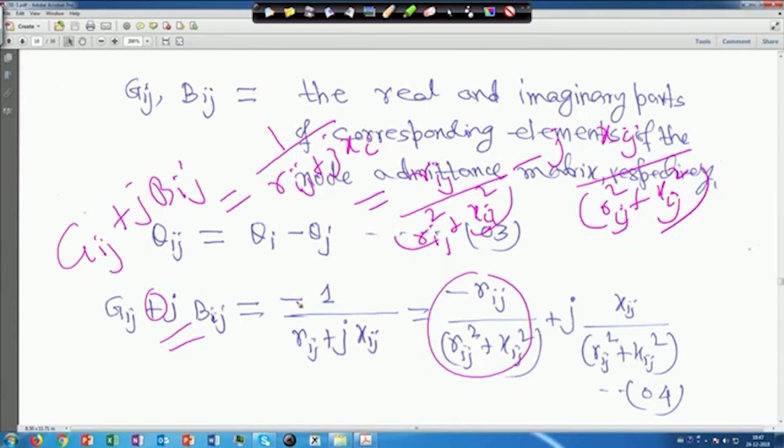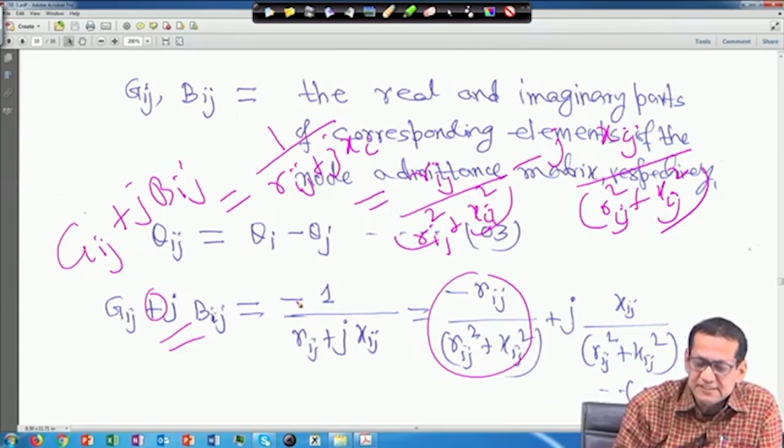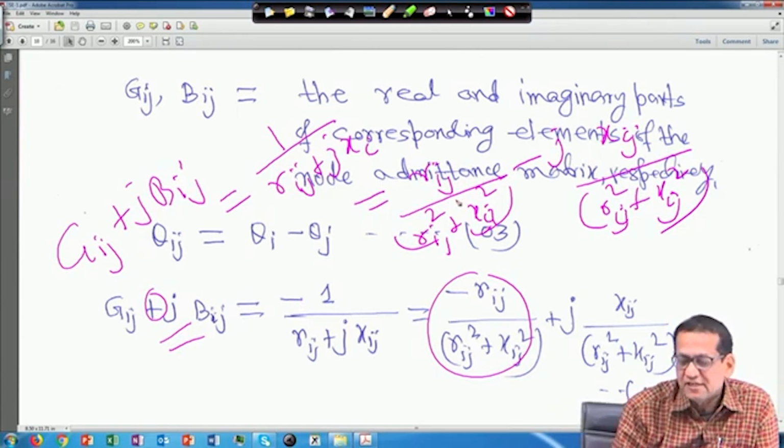Here we have taken a minus for the convention; different books might have taken different things. It does not matter, later we will use this convention only for your B_ij.